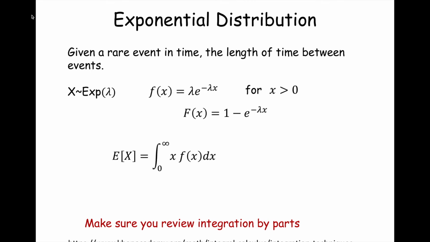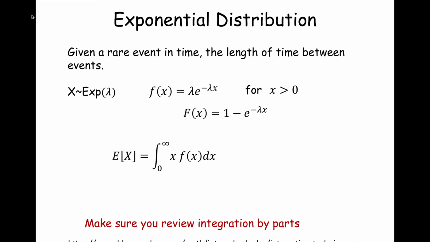Okay, so I take this expression and I evaluate it at x equals infinity, and I subtract from it the evaluation of that expression when x equals 0. Let's first take a look at x equals infinity. In this expression, I have an x in the numerator, and I have an e to the minus lambda x.